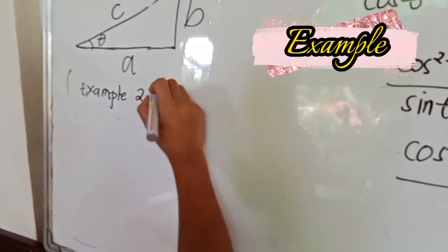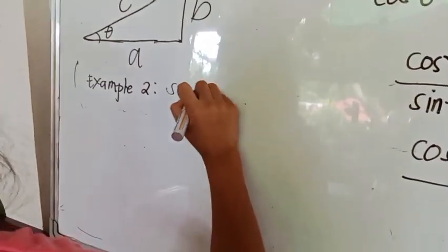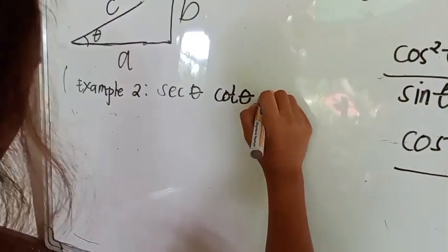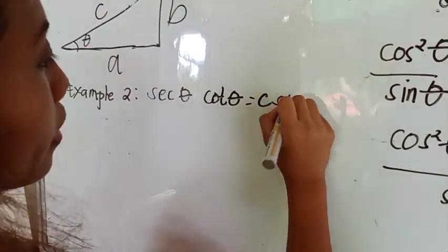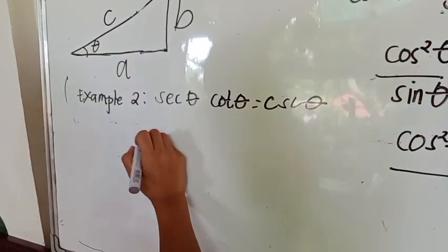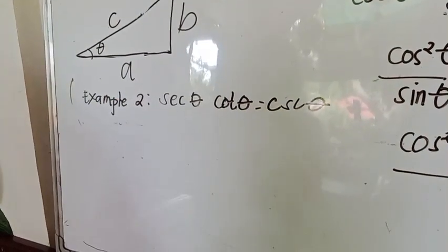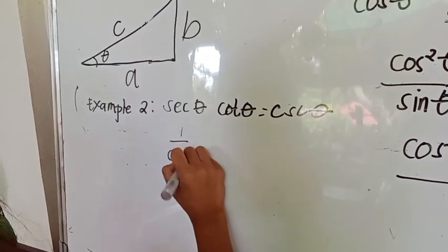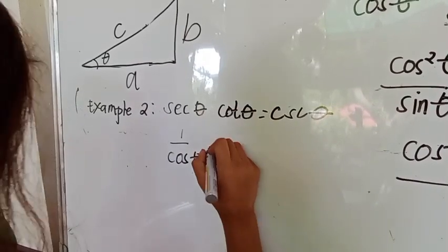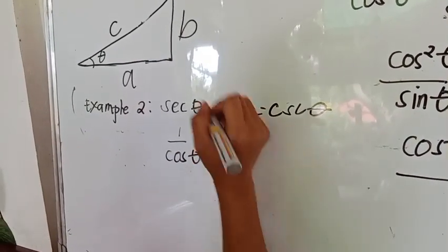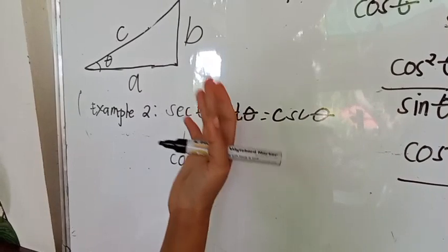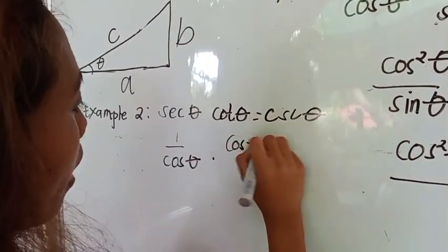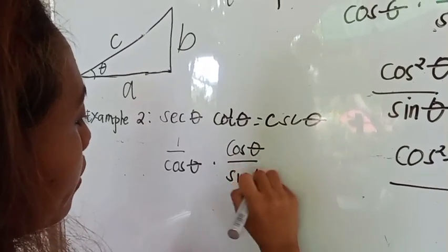Example number 2 is secant theta times cotangent theta is equal to cosecant theta. Then the reciprocal of secant theta is 1 over cos theta, times the quotient of cotangent theta, which is cos theta over sine theta.